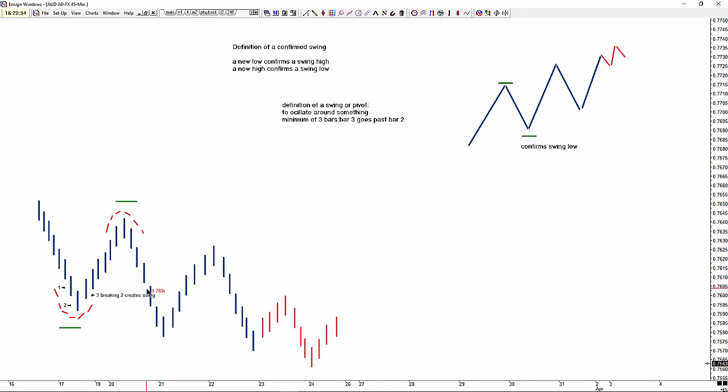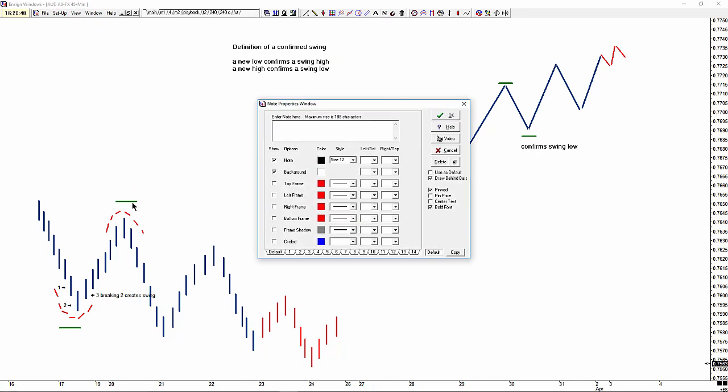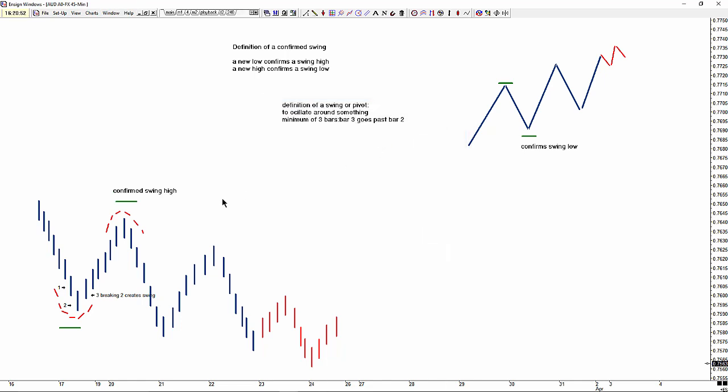And then when we break the low, we will call it a confirmed swing. So this swing that was just a swing is now confirmed by breaking the low, and this will be a confirmed swing high.